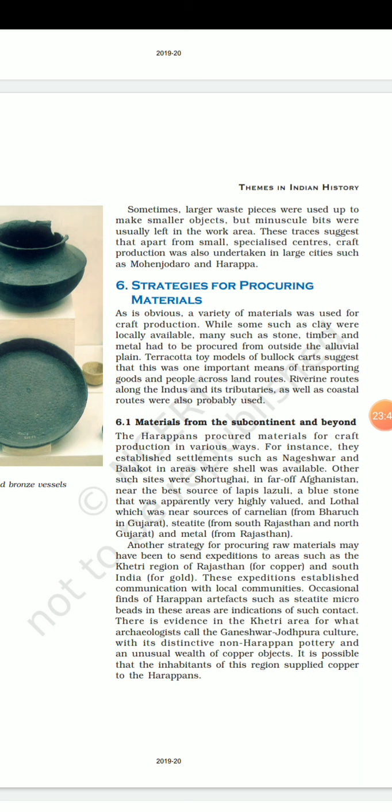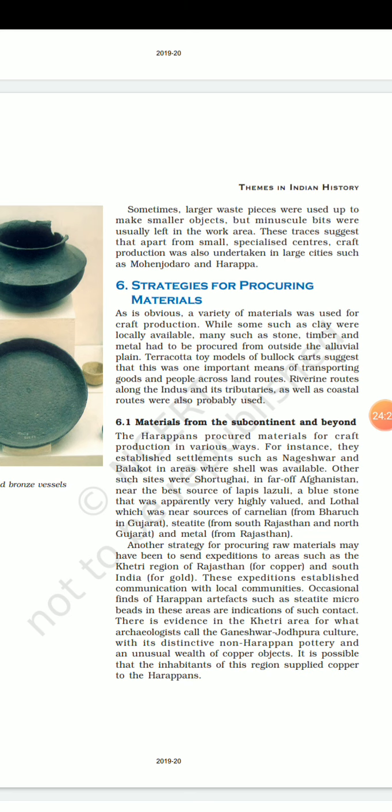And once again, in the 20th and 21st century, when people started digging over there, they found those small raw things. These traces suggest that apart from a small specialized center, craft production was also undertaken in large cities such as Mohenjo-daro and Harappa. Just take the example of Chanhudaro. Chanhudaro is very small in size in comparison with Mohenjo-daro or Harappa, but it was a very specialized center for making beads.